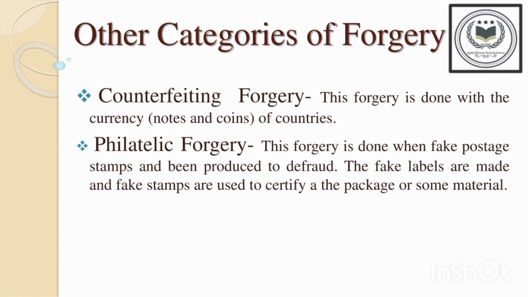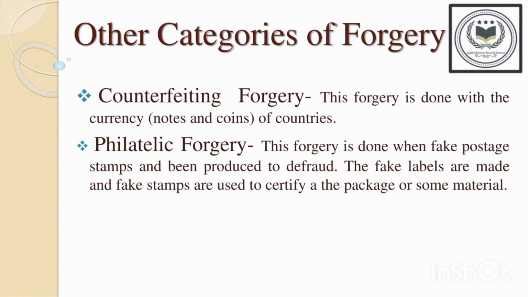The next is philatelic forgery. This forgery is done when a company or a fake company makes fake labels or fake stamps and puts the fake labels on genuine material, or different postage stamps are made fake. This fake work is known as philatelic forgery.